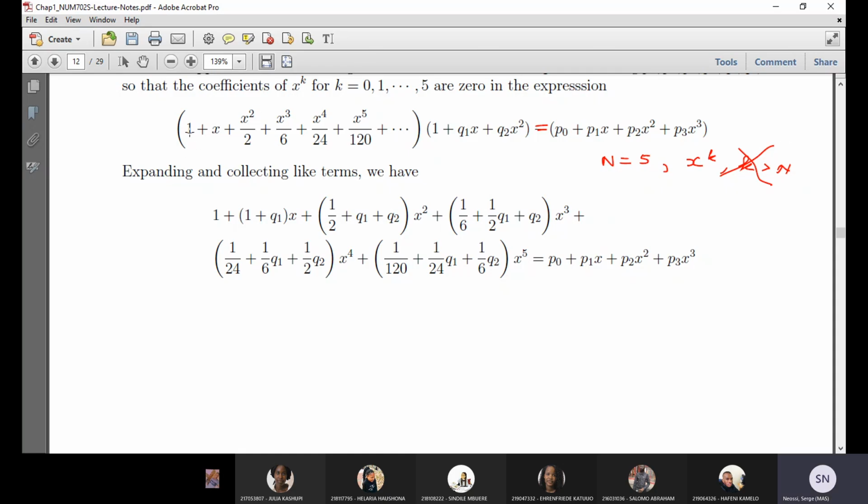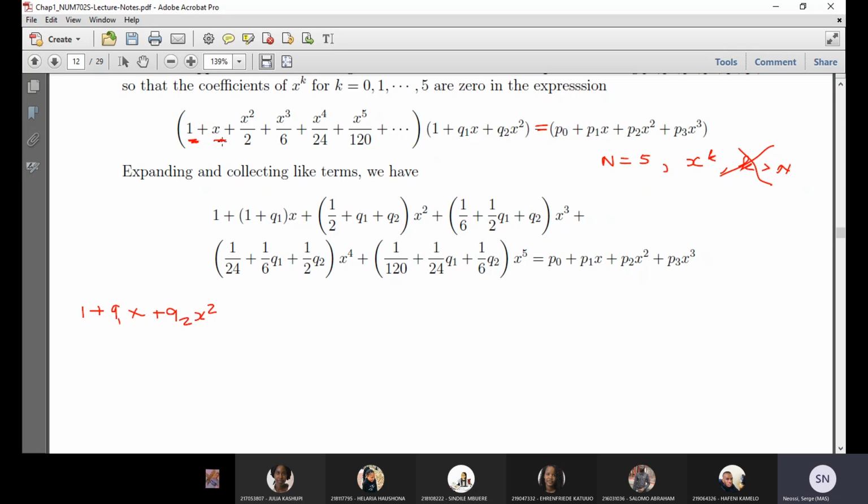Okay, now if I take 1 and I multiply, you can see that this is x to the 2, which is less than or equal to 5. So I can copy all this. So for 1, multiply by this entire expression, I just copy and write everything. Q1x, Q2x squared for 1.